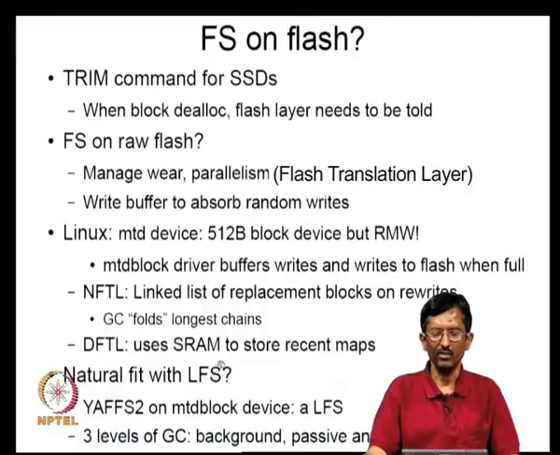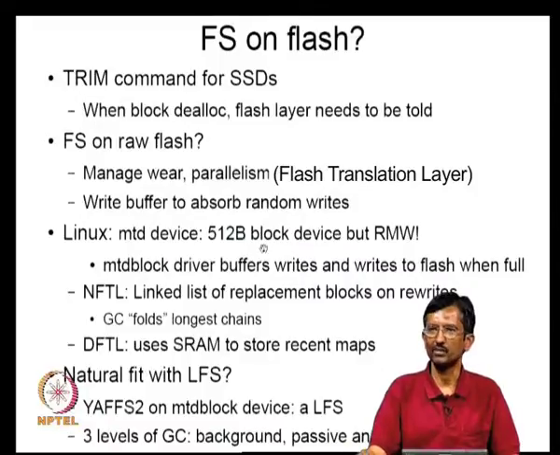In DFTL, you will notice that for doing this copy and write, or essentially non-update in place, you have to keep changing the pointers. If you have a large flash device and you assume 512 byte blocks, it turns out the memory required for keeping these pointers is substantial.